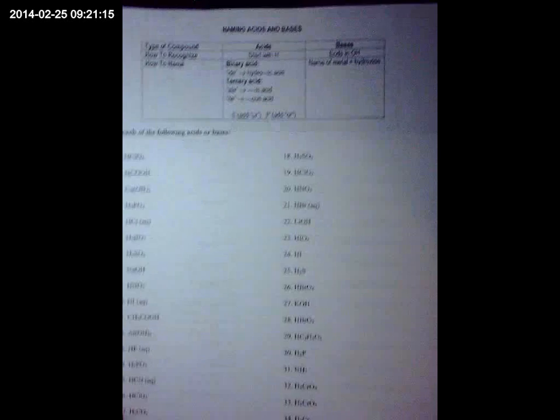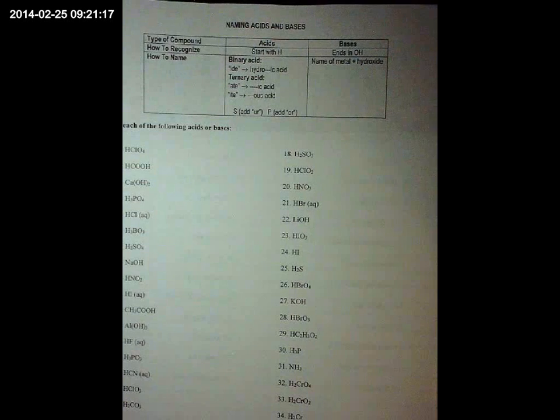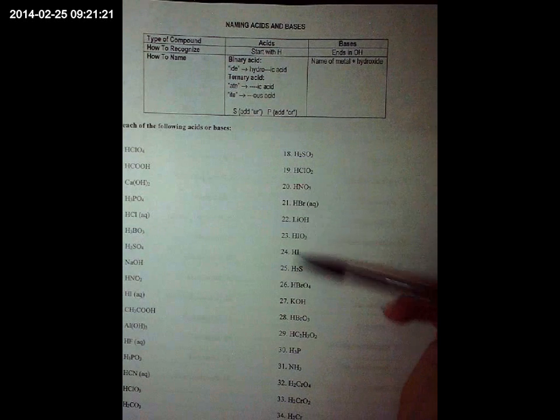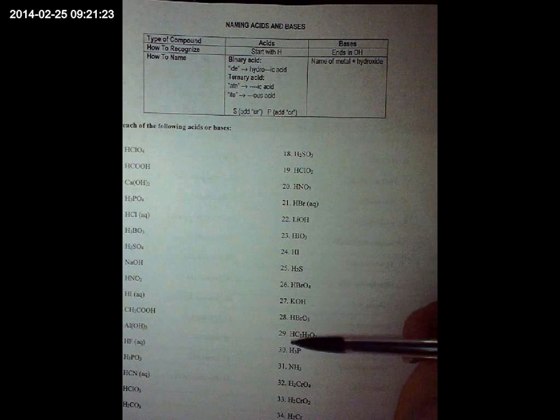If we look at this worksheet, the way that we recognize acids is that they all start with hydrogen. All right? So those chemical formulas are all going to start with hydrogen, for the most part. There are a couple of exceptions to that. If you look here at all these examples, they start hydrogen, hydrogen, hydrogen.